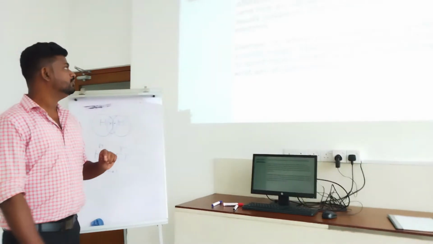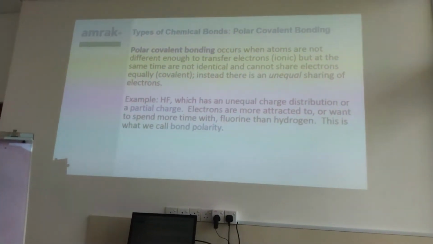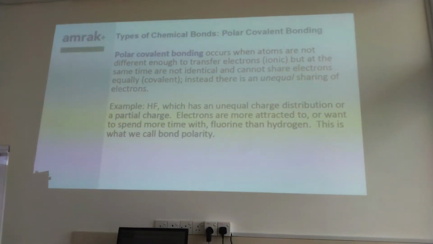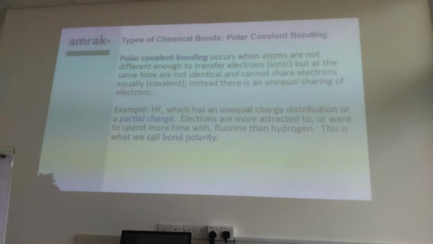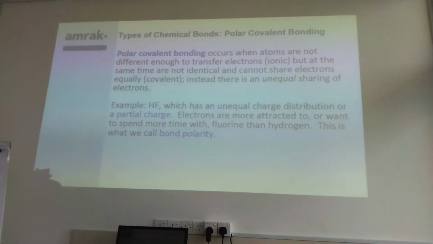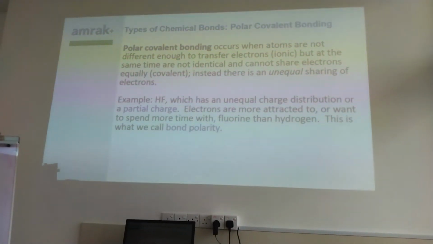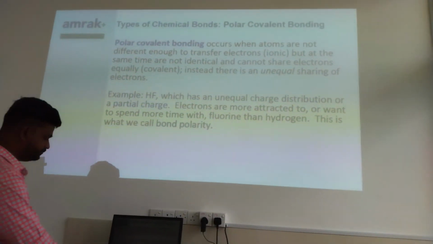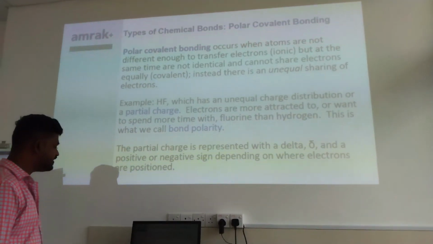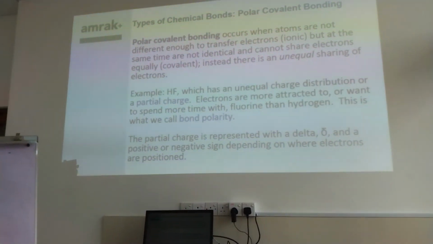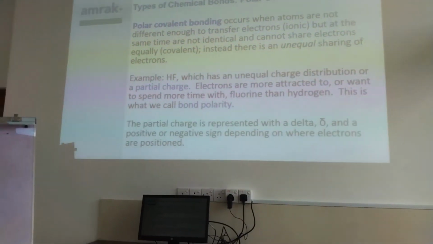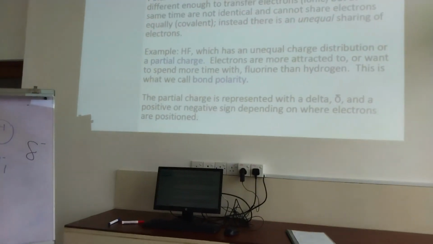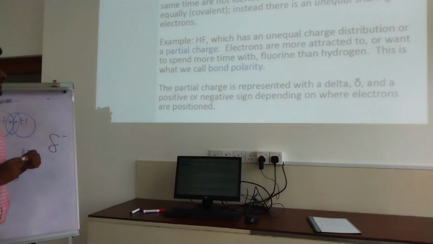Take HF, which has an unequal charge distribution, or partial charge. Electrons are more attracted to, or spend more time with, fluorine than hydrogen. This is what we call bond polarity. The partial charge is represented by a delta, with a positive or negative sign depending on where the electrons are positioned.